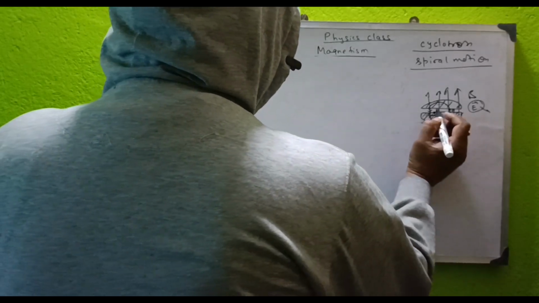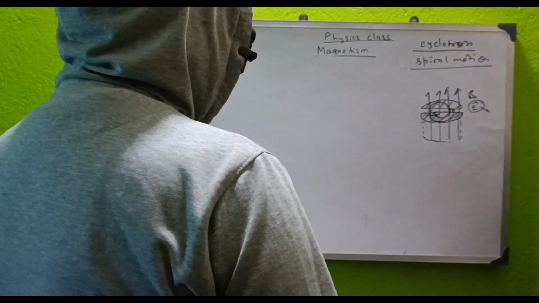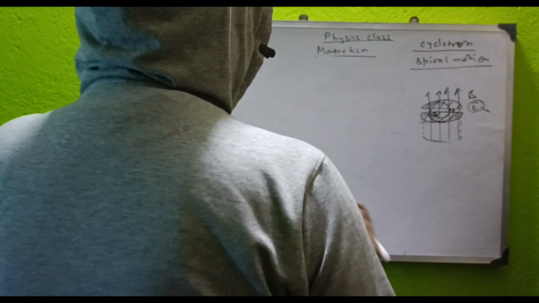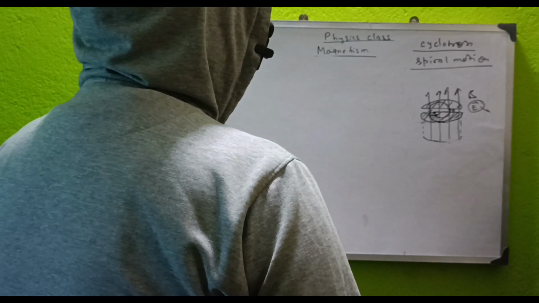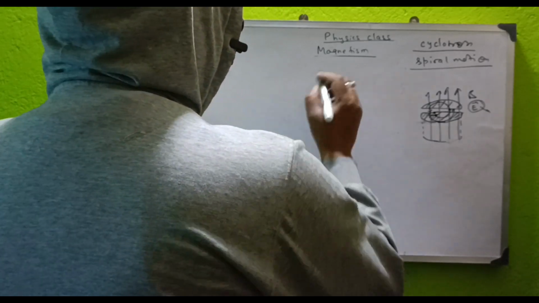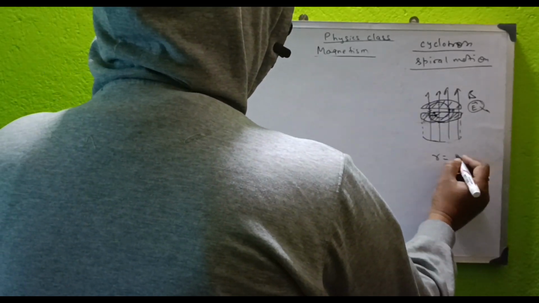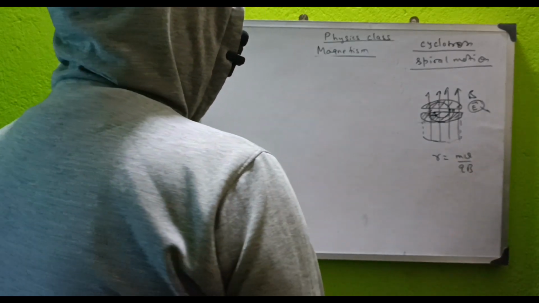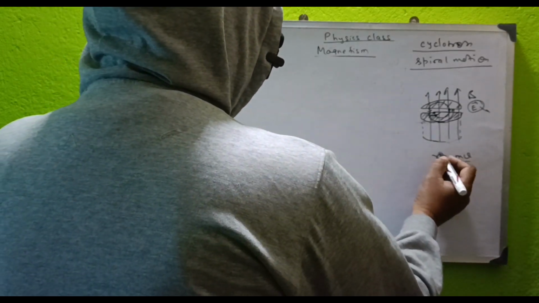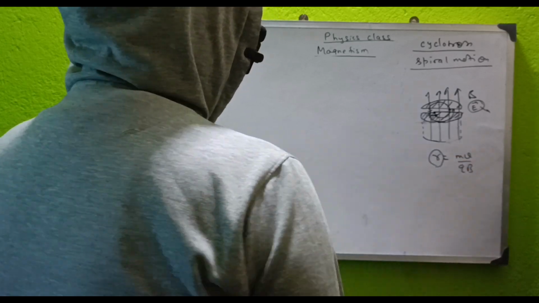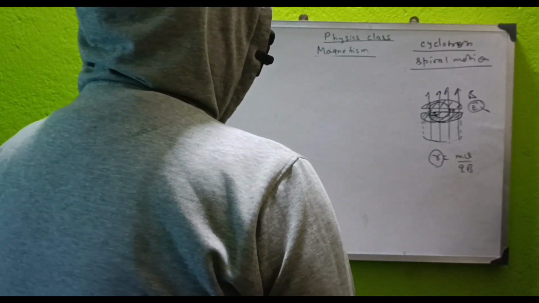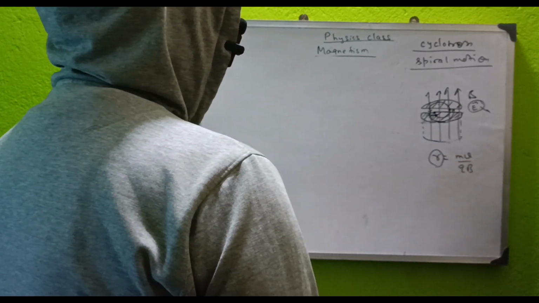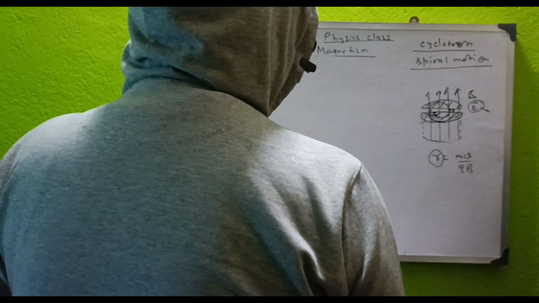As we know from our various derivations regarding the charged particle motion under a magnetic field, we have R is equal to mv by qB. This is one relationship where we have seen that the radius of the circle executed by a charged particle moving in a field which is perpendicular to the initial velocity.